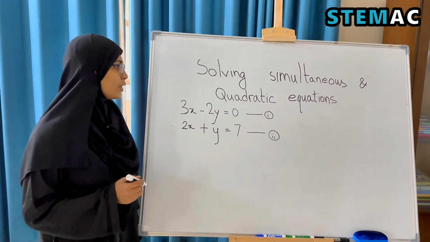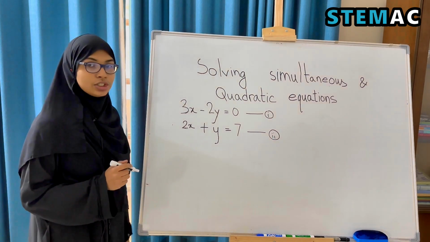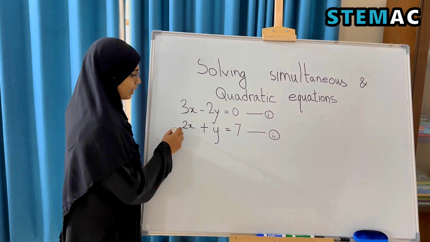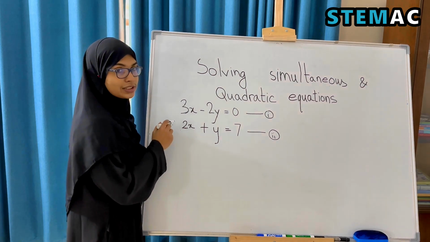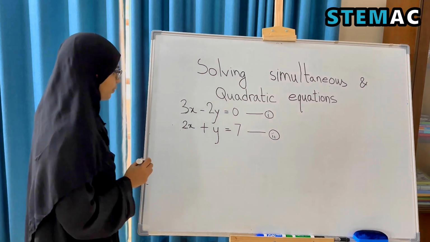So now we are going to solve simultaneous equations using the elimination method. Suppose that we want to eliminate the variable x from this equation to find the value of y.